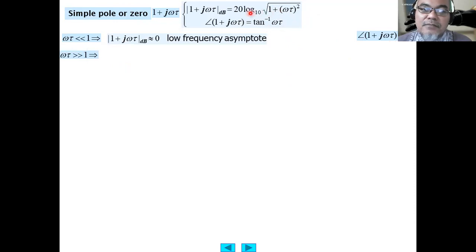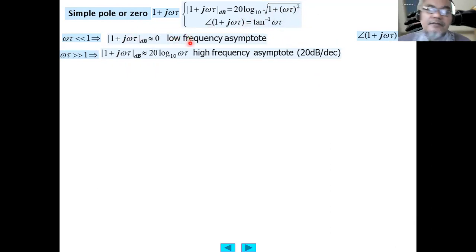When omega tau, however, is much larger than 1, very high, it means the magnitude of 1 plus j omega tau in dB will be equal to 20 log omega tau. This is much larger than 1; 1 is negligible compared to omega tau. When omega tau is squared, then rooted, the value will be 20 log omega tau, right?